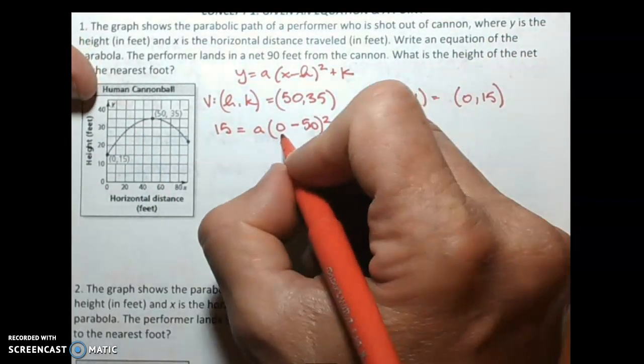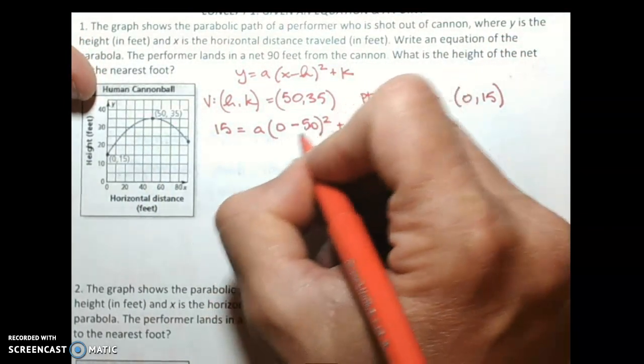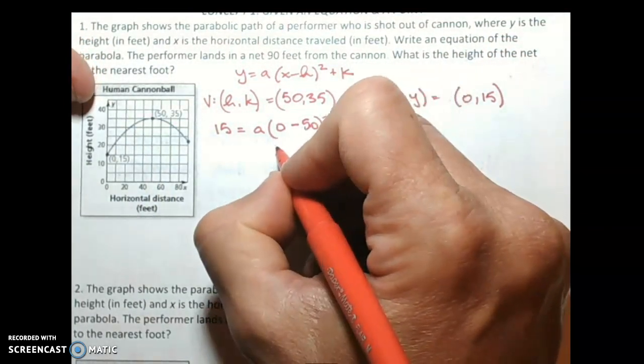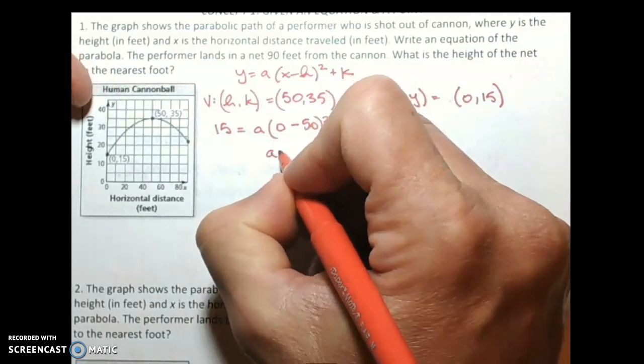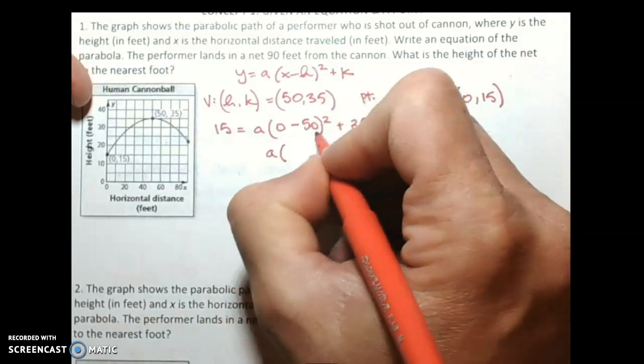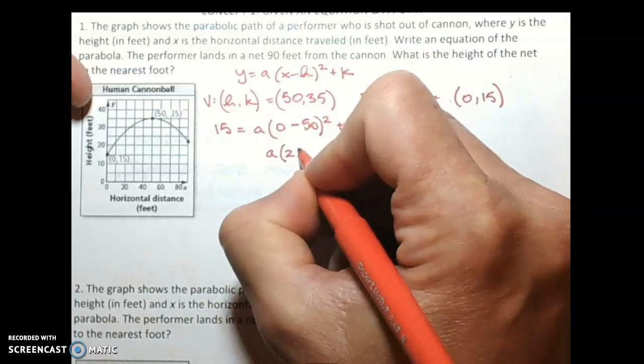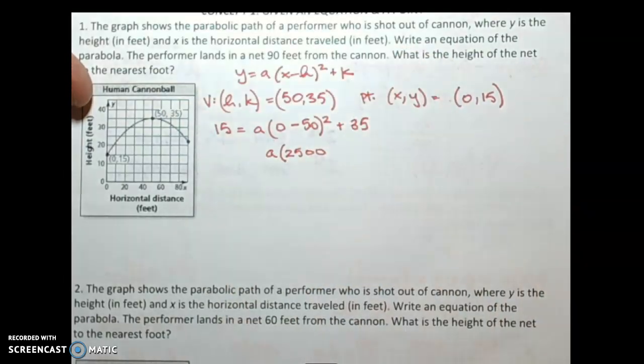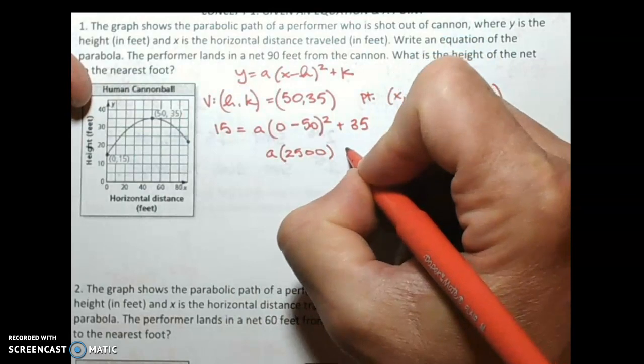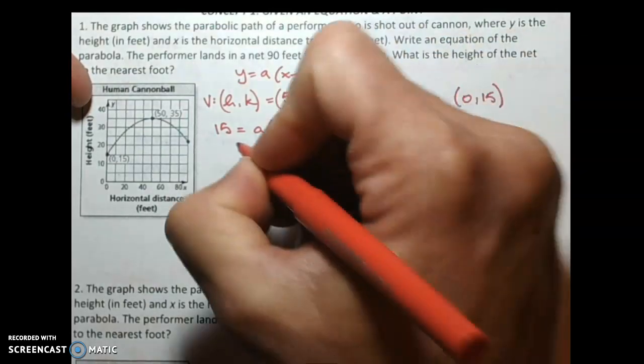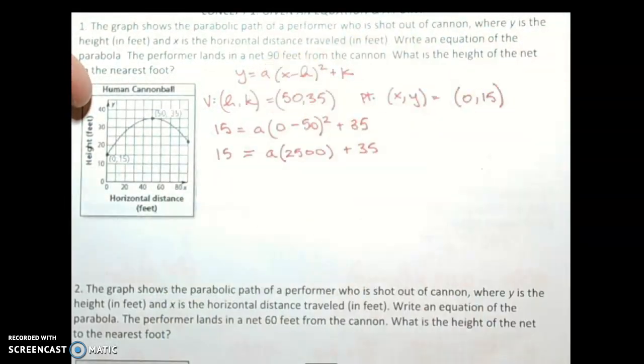Alright, so now I would go ahead and go here, and that gives me negative 50 squared, and I get a times negative 50 squared, which is 2,500, plus 35, and then again that equals 15.